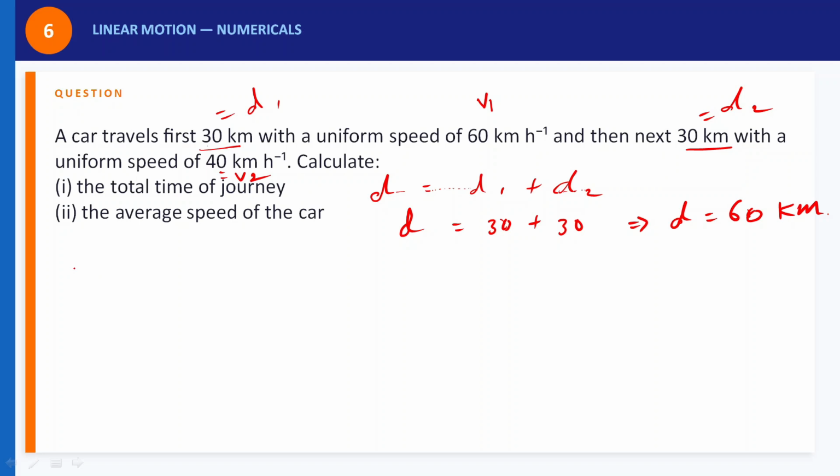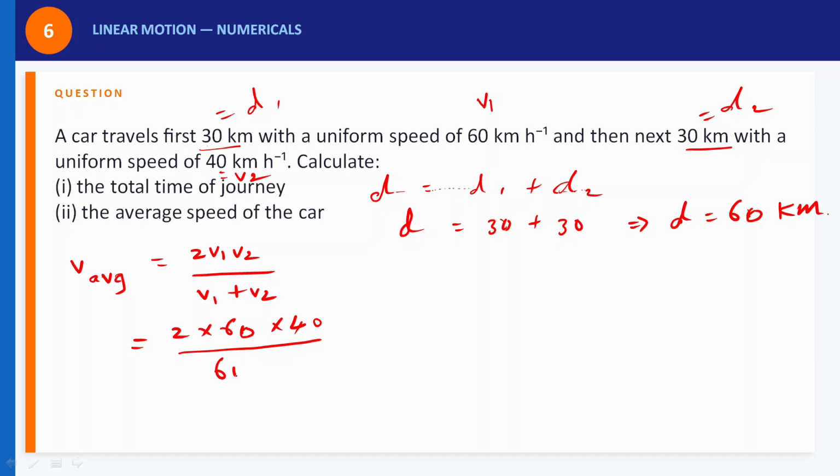For average speed, we have a formula. When the body covers equal distances, V average equal to 2 V1 V2 by V1 plus V2, that equal to 2 into 60 into 40 divided by 60 plus 40, that equal to 200 into 24 divided by 100.